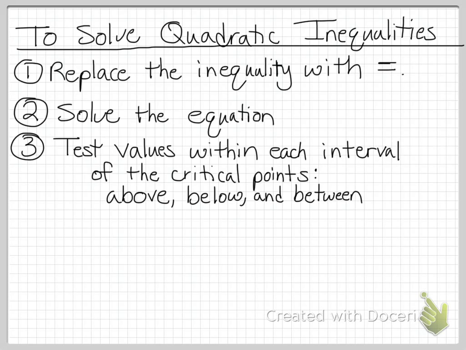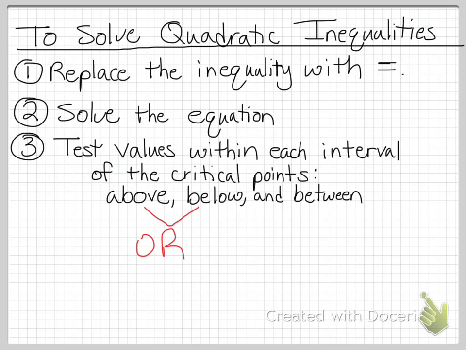Depending on which of those gives you a true statement will tell you where the solutions for the inequality lie. It's either going to be between or either-or. If you get a true statement for both above and below, then that would be an or.